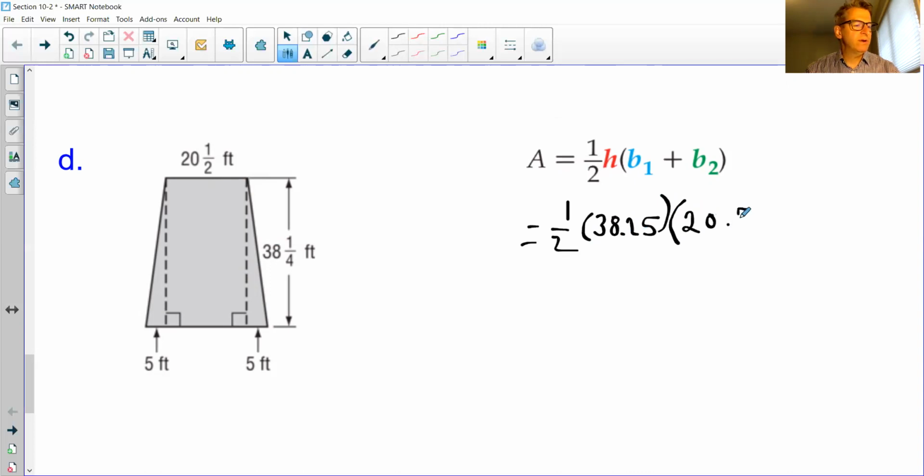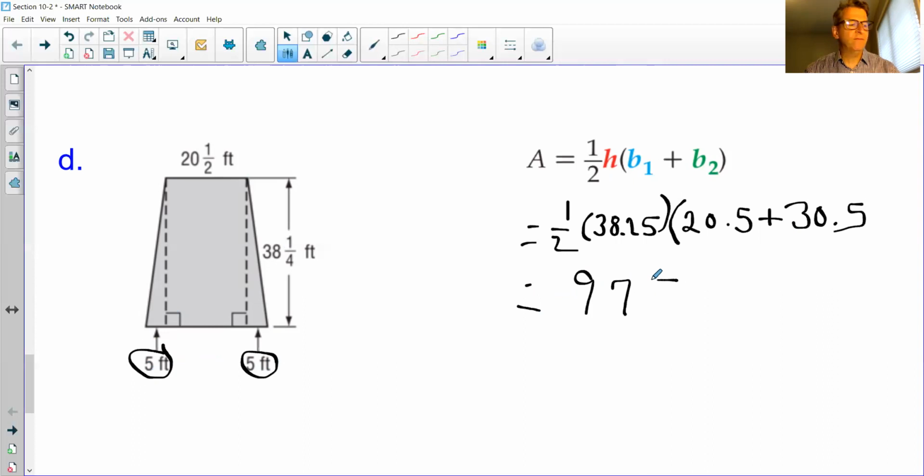And B2 is the sum of 20.5 plus another 10, which is 30.5. We got this little 5 here, and we got this little 5 here. And in between, you got 20.5. By doing this calculator work, you have 975.4 square feet.